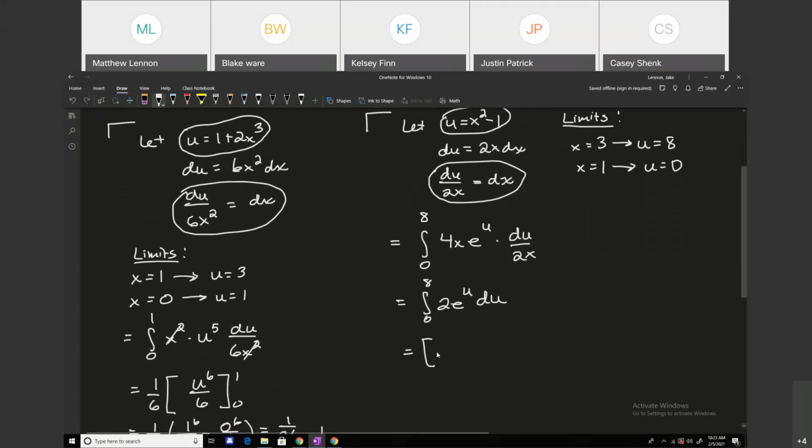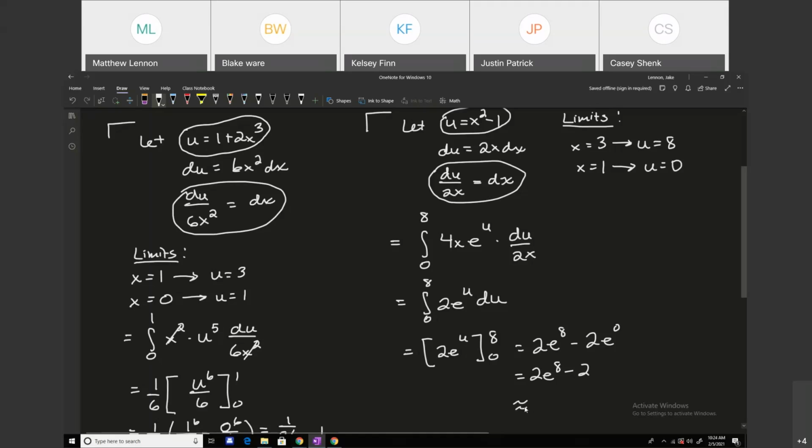So we have 2 e to the u from 0 to 8, which is 2 e to the 8th minus 2 e to the 0, which is just minus 2 because e to the 0 is 1. I'll go ahead and get an approximation. This is going to be a pretty big number, though, I have a feeling.